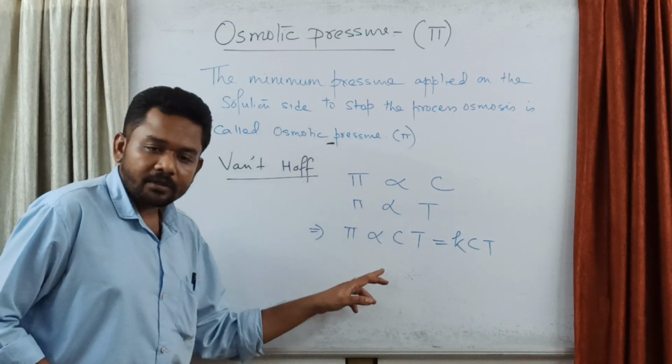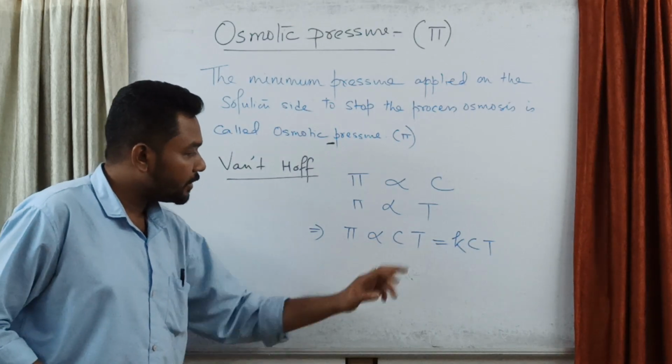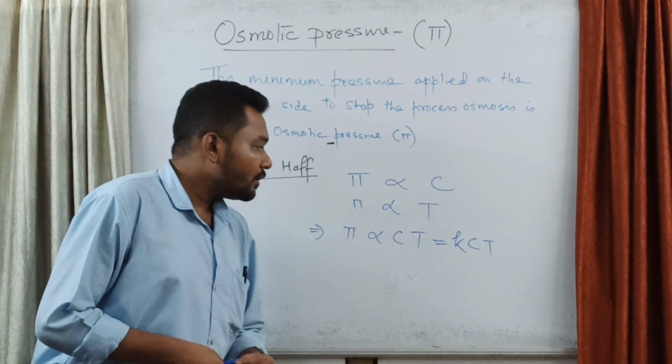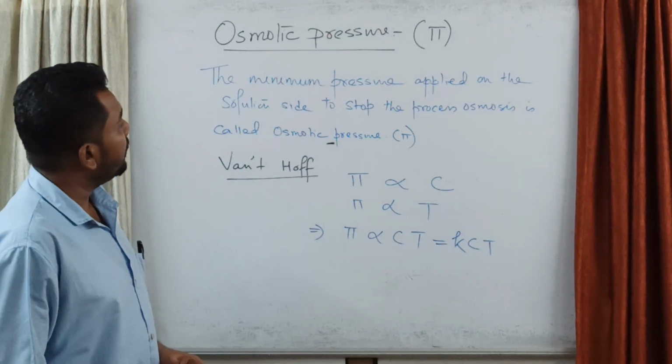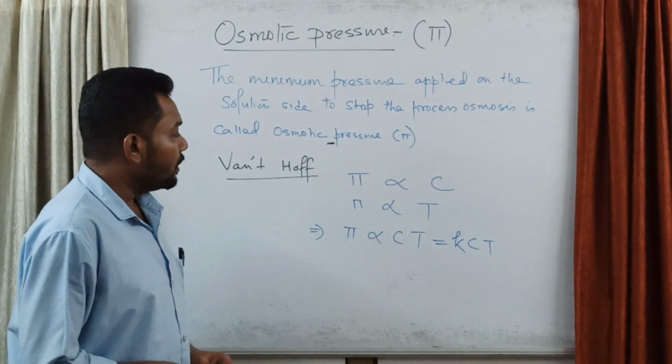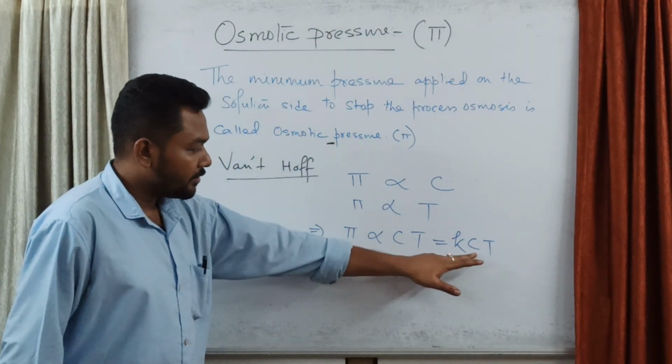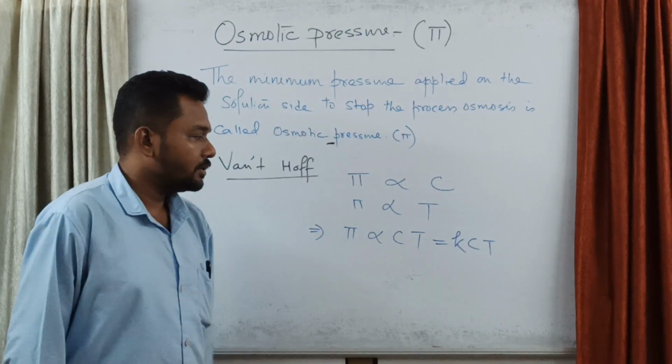K is the constant term coming when you change the variation term to the equal term. Now Van't Hoff was doing different types of experiments. In his experiment, he got the values of pi, the concentration of the solution, and the temperature.